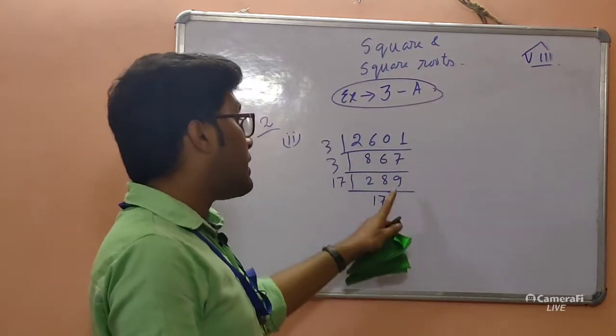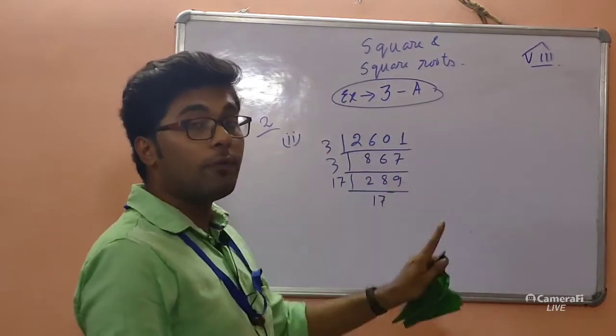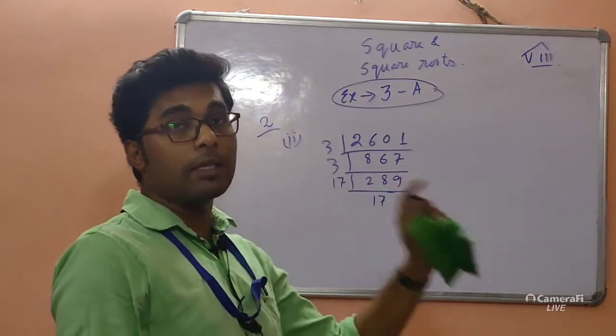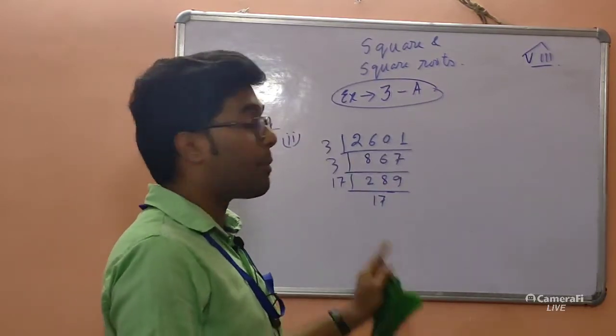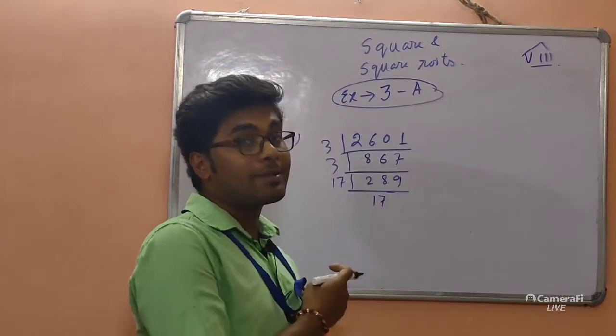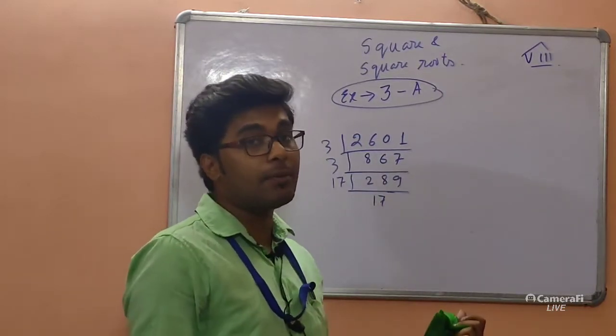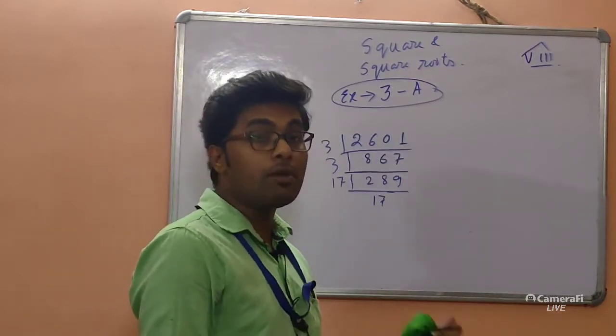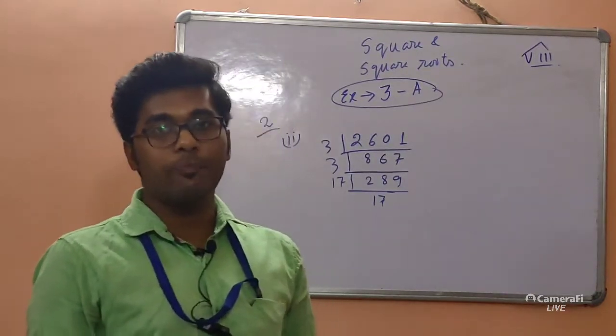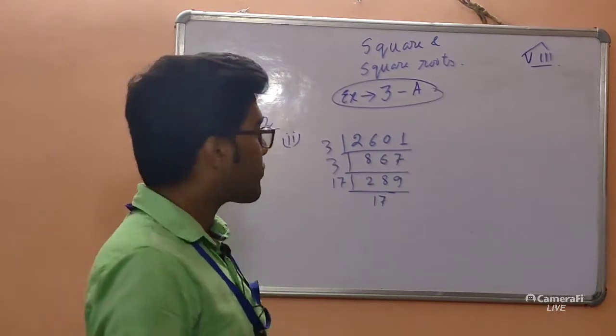Okay, but this you could not do if you don't memorize squares till 30, because here 289 will not be divisible by any number other than 17, because it is 17 square, okay, and 17 is a prime number. So again and again I am saying you need to memorize at least up to 30, okay.